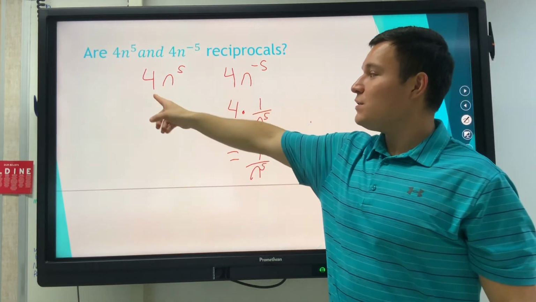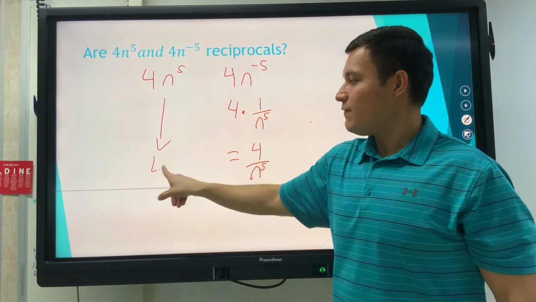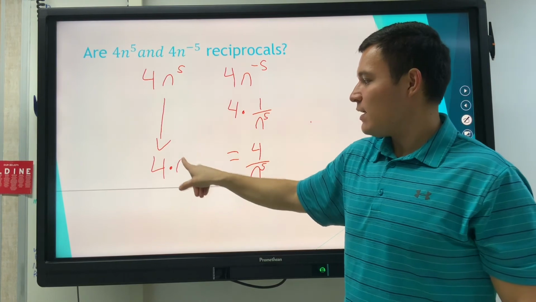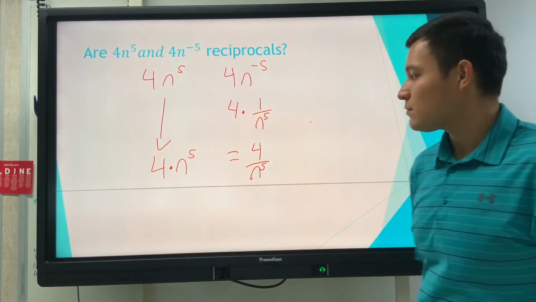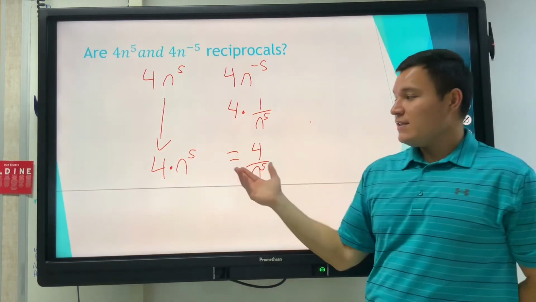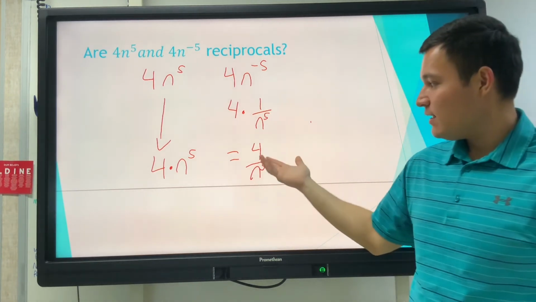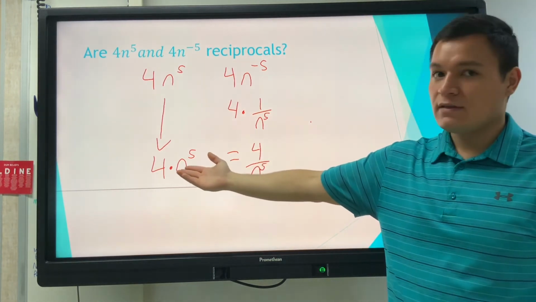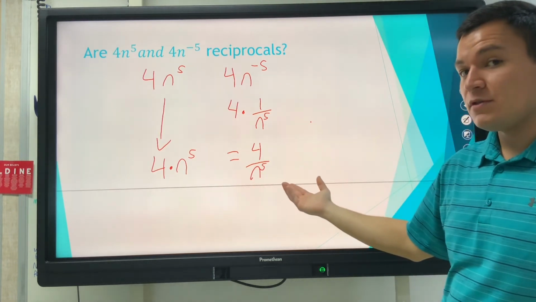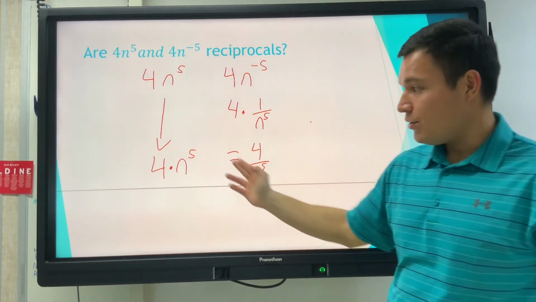Whereas over here, we just have 4 times n to the 5th power. So are these things straight reciprocals? Is this the flipped version of this? The completely flipped version? No, it's not.